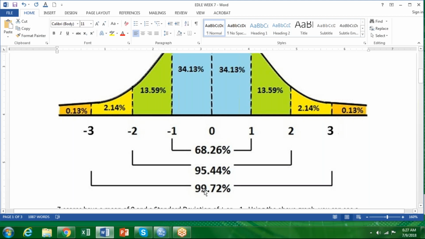And then if we move on out to 3 standard deviations plus or minus from the mean, then we're saying that there's only a 1% chance that your data occurred way out here that far away from the mean.